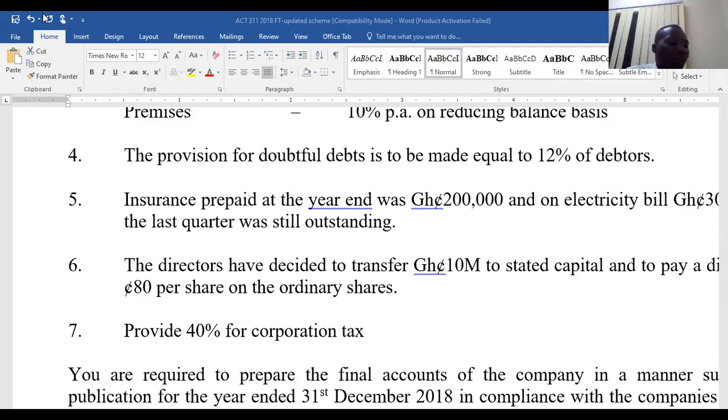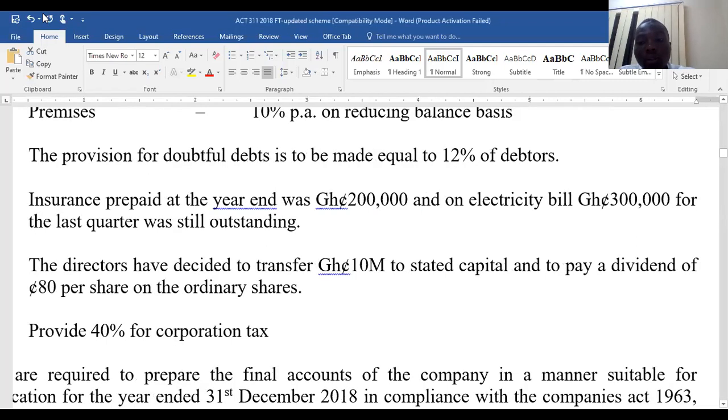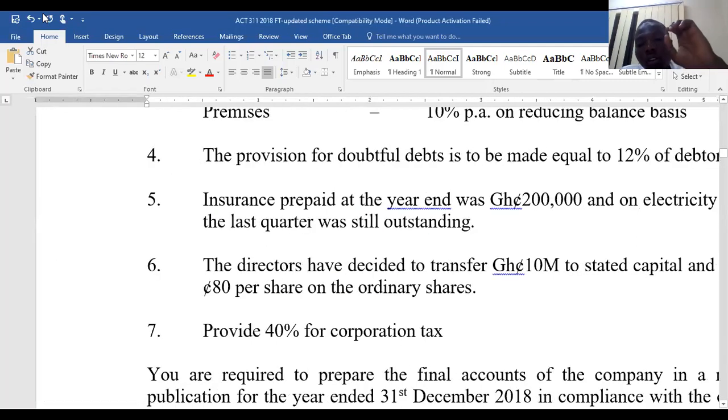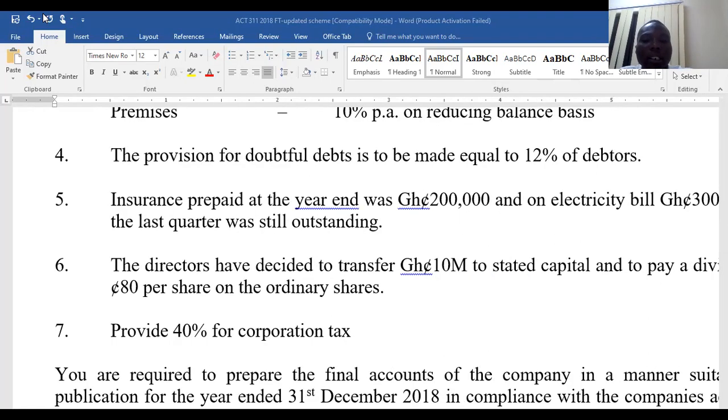Add the 10,000 to the ordinary share, so ordinary share is going to be 110,000. Preference share is going to be 80,000. So when you add the two, you are going to get 190,000 as your stated capital.